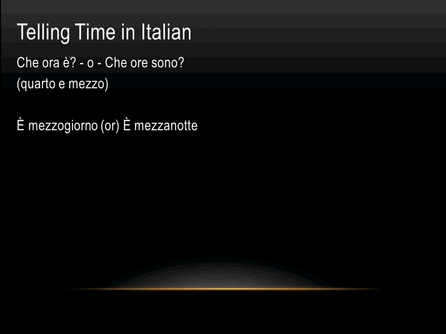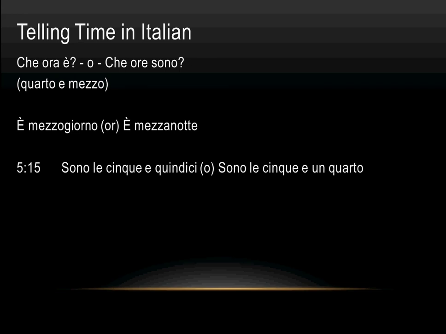Be careful to take note of that and keep everything in agreement. Giorno being masculine requires mezzo, which is also masculine. Whereas notte, which is feminine, requires mezza, which is also feminine. Now they're both singular, so they both get the third person singular form of essere, or è. So è mezzogiorno or è mezzanotte. Mezzogiorno, half day, would be noon. Mezzanotte, being half night, would be midnight. So è mezzogiorno, it's noon. Or è mezzanotte, it's midnight.